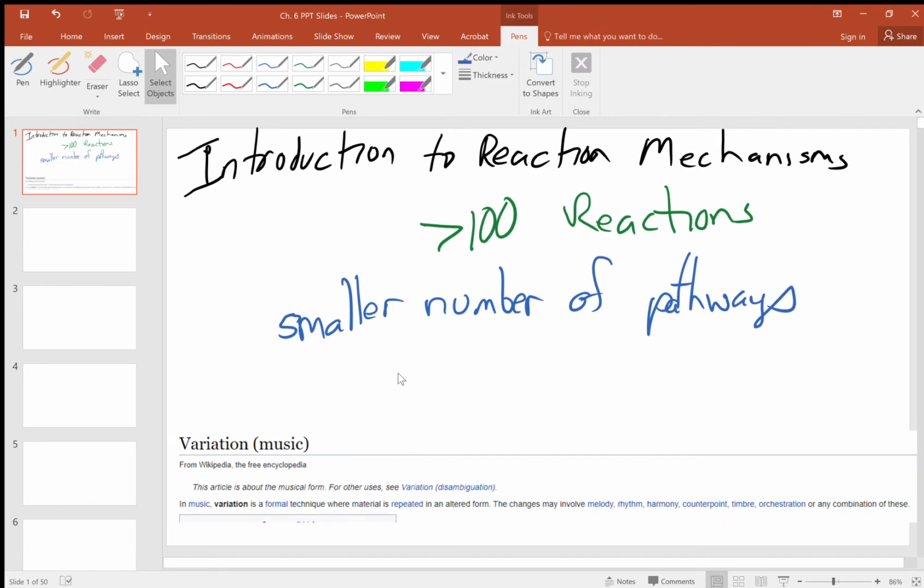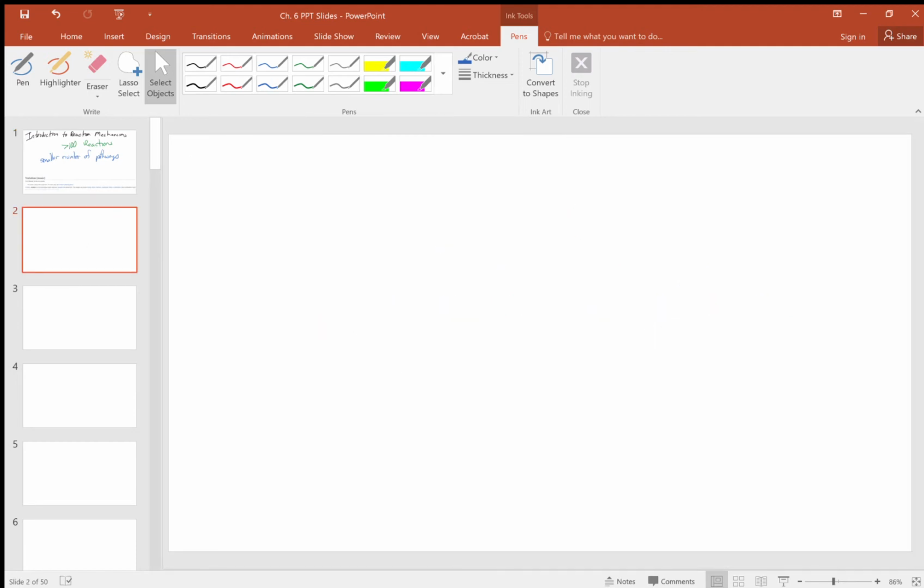It's a technique where, as you can see the definition here, we start with a certain theme and then we repeat it, but we alter it slightly each time. And that's what we see in organic chemistry. There's a smaller number of basic pathways, and then we just keep making slight changes to them.